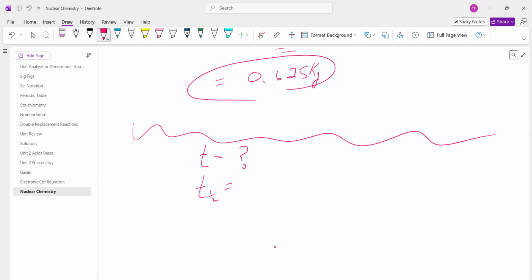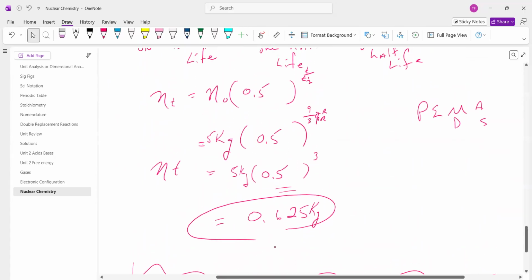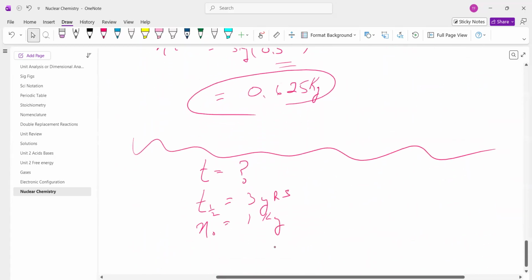Let's go with 3 years again for the half-life. And our initial mass was 1 kilogram. Is it 1 kilogram we started with? 5 kilograms.